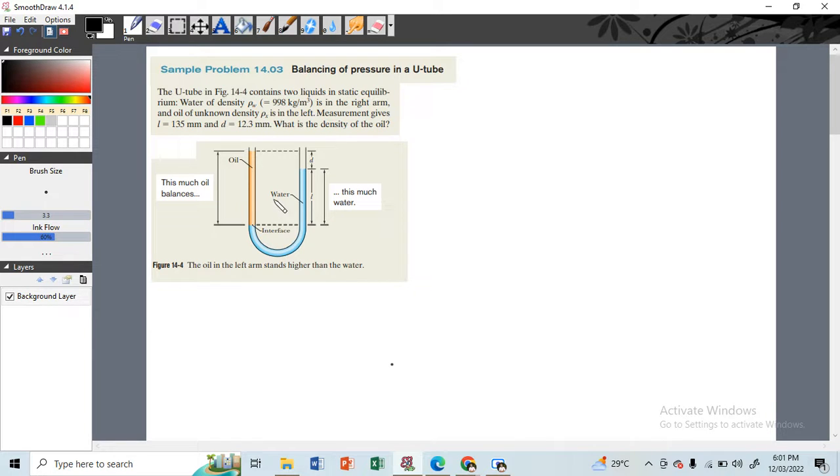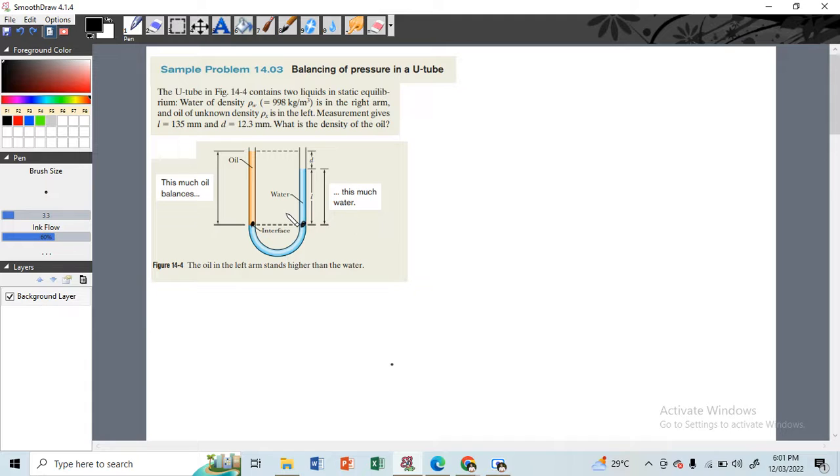So what is the law that we will use in this kind of problem? There is a law in hydrostatics stating that two points in a straight line, both of the points will have the same hydrostatic pressure. So for example, if we use this point and this point, which are in a straight line, these two points will have the same hydrostatic pressure.